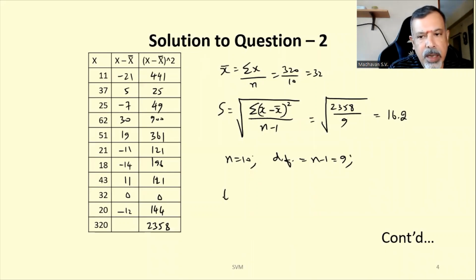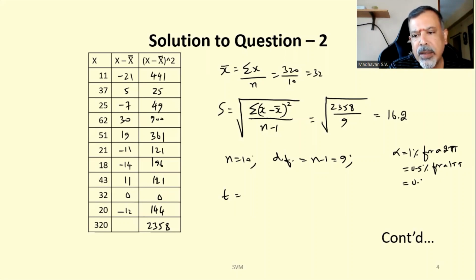For t, our alpha will be 1% for a two-tailed test, which means it will be 0.5% for a one-tailed test, that is 0.005. So we look for the t value considering alpha as 0.005 and degrees of freedom as 9. We will get 3.25 as the t value approximately.